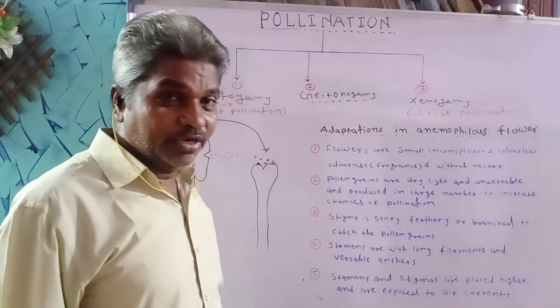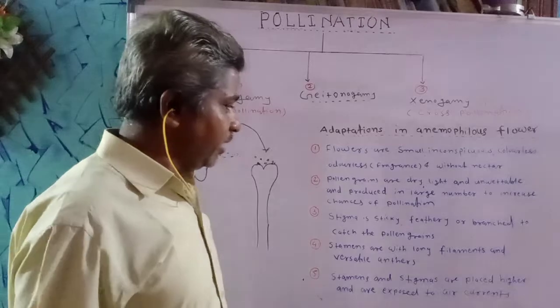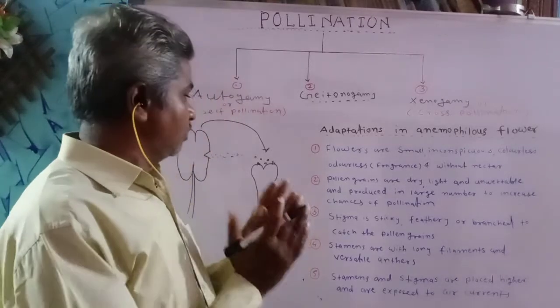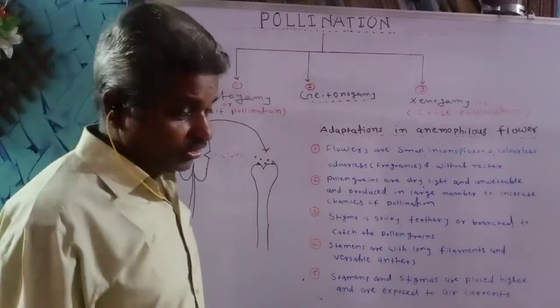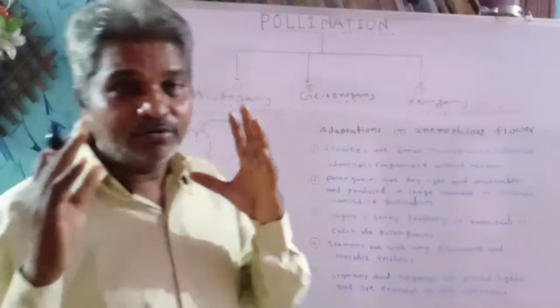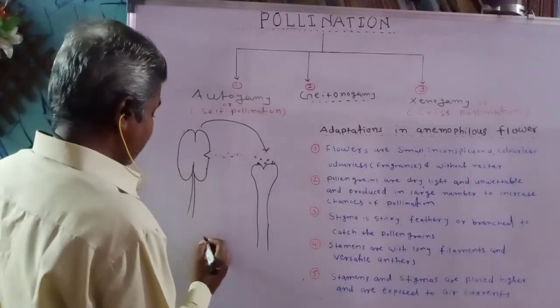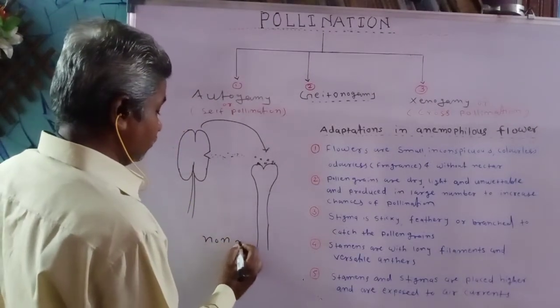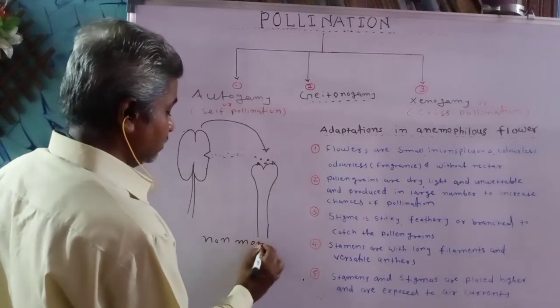So pollination brings these two, male and female gametes, close to one another. Because of this pollination, these male and female gametes, which are non-motile, meaning they are immovable, are brought together.